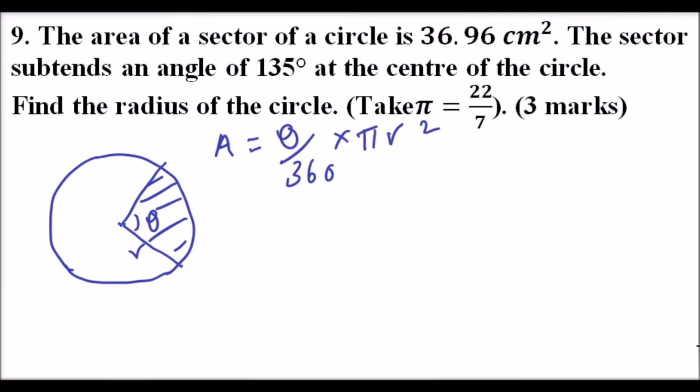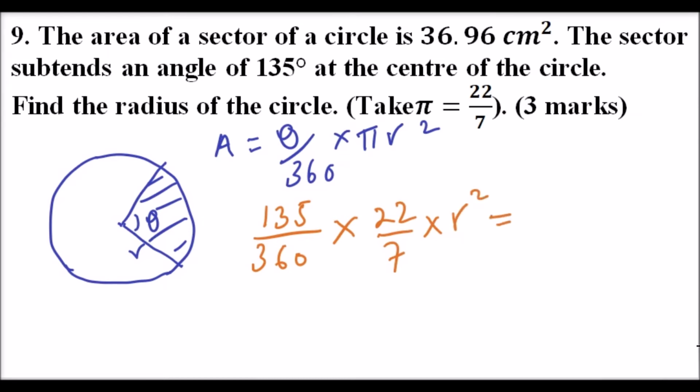So since we have been given the angle, we can say the angle is 135 divided by 360. You multiply by 22/7 multiplied by r squared, which should give you the area, 36.96 centimeters squared. So we can make r the subject.